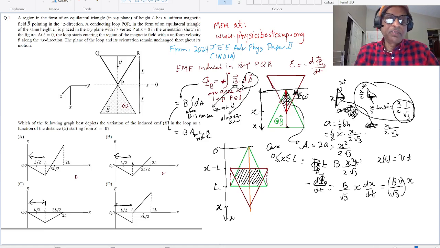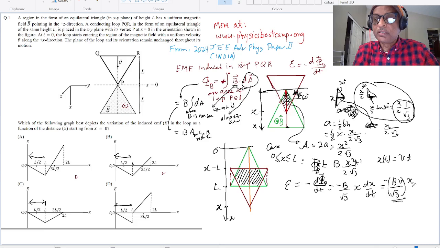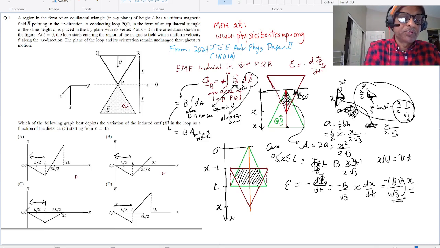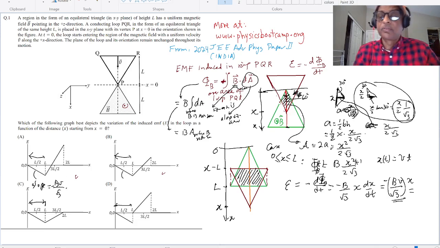So it's going to be this, minus here and minus here. So EMF is minus. So this is the slope, and this is linear. So the slope is all of them the same. This gives you the slope is negative BV over square root of 3. So that's the case for that.